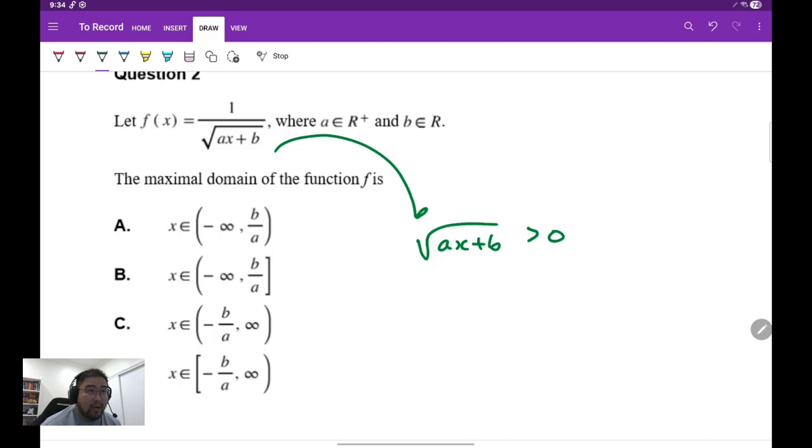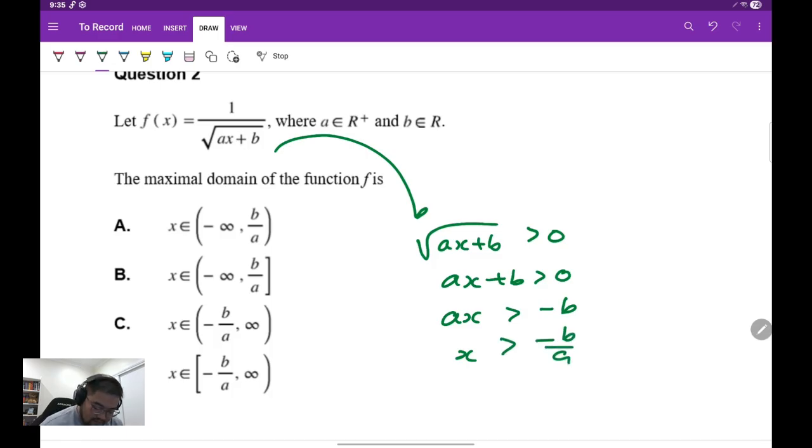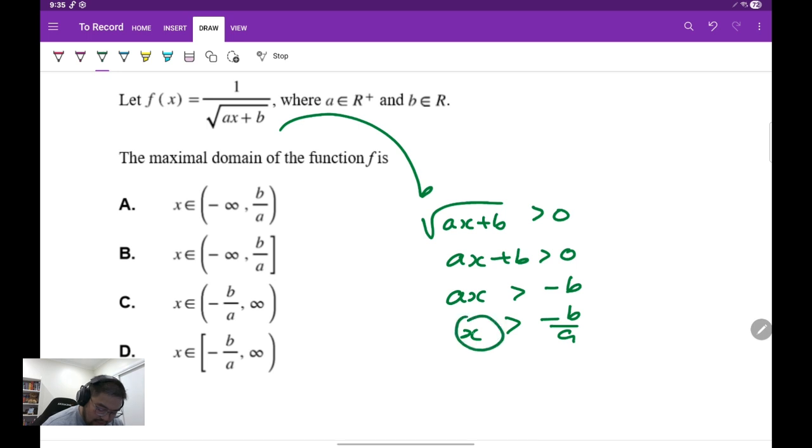So if we rearrange for this, we get ax plus b is greater than 0. Ax is greater than negative b. X is greater than negative b on a. So in this case, all the x values need to be greater than negative b on a, but it cannot be negative b on a because otherwise we'll get 0 on the denominator. Therefore, our answer for this one is C.